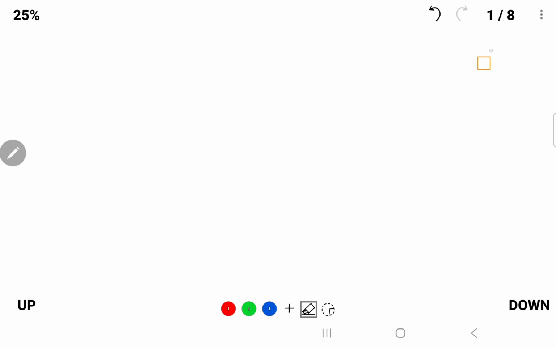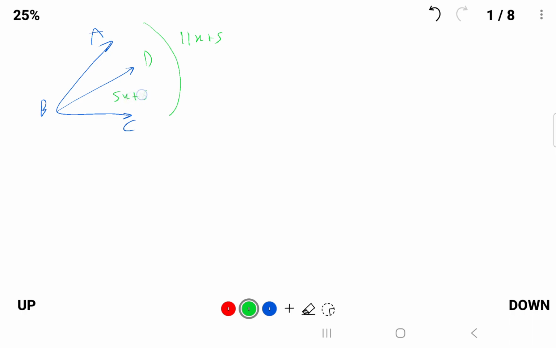Now another example. So if we have an angle bisector, you have A, B, C, and you have D. Now if ray BD bisects angle ABC, what is the measure of angle ABD if angle ABC is equal to 11x plus 5, and angle DBC is equal to 5x plus 6?